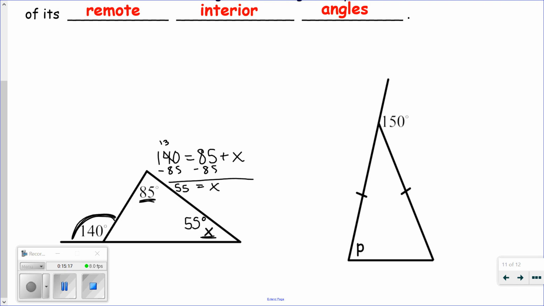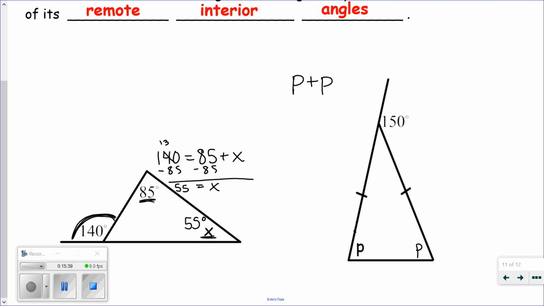So that's another way to find the third angle of that triangle, by using those remote interior angles. So let's take a look at this one. Notice this is isosceles, so if that one is p, then this one is also equal to p.